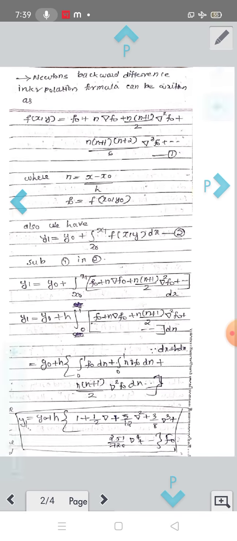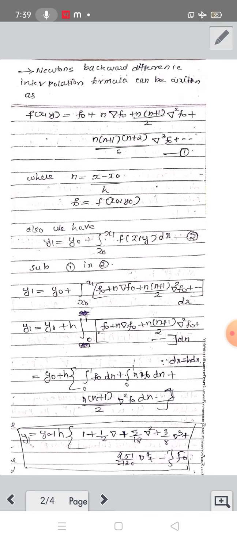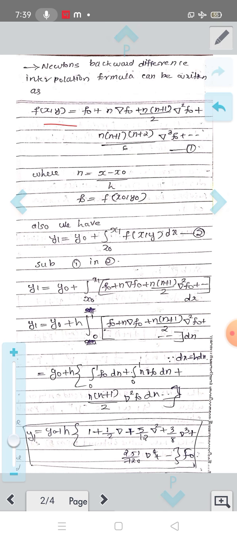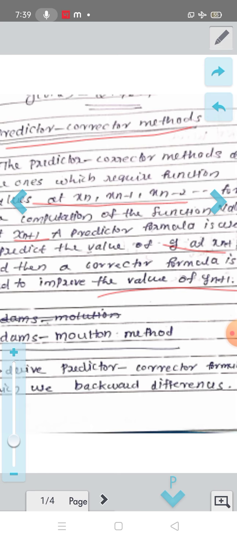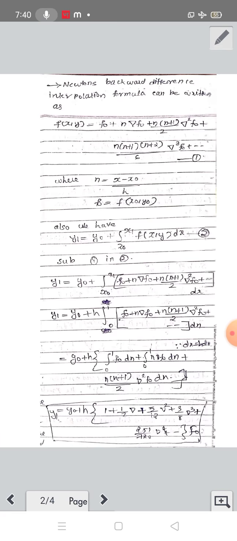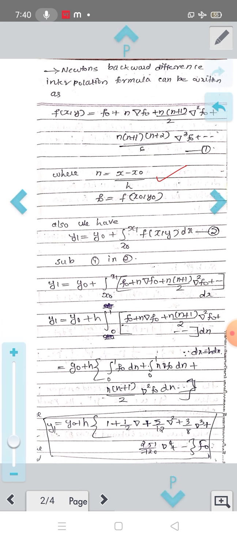Newton's backward difference interpolation formula we have studied in the previous module. It can be written as f of x, y equal to f0 plus n into delta f0 plus n into n plus 1 by 2 del square f0 plus n into n plus 1 into n plus 2 by 6 del cube f0 plus etc. Put it as equation number 1, where n equal to x minus x0 by h and f0 equal to f of x0, y0.